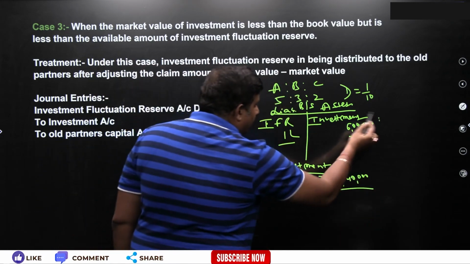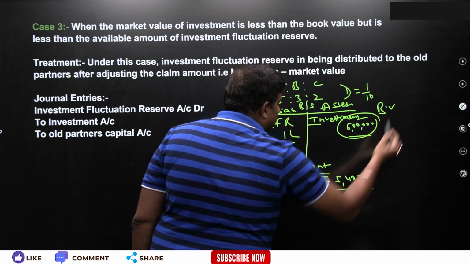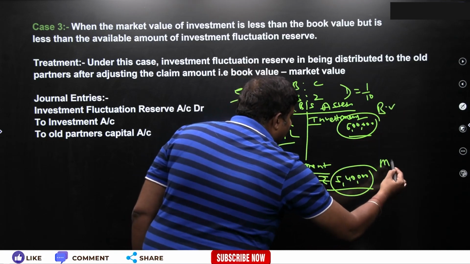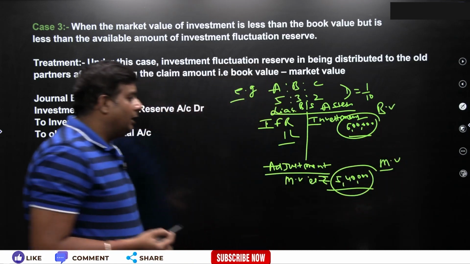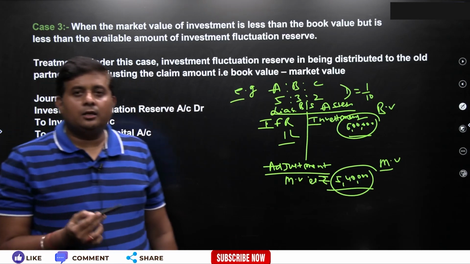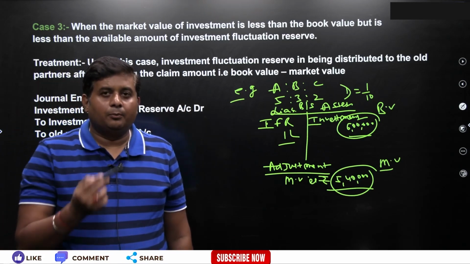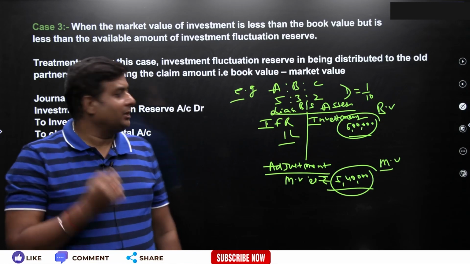So this is the book value, and this is your market value. Comparing your book value with the market value, you find there is a difference of 60,000. I mean, the value declines by 60,000.